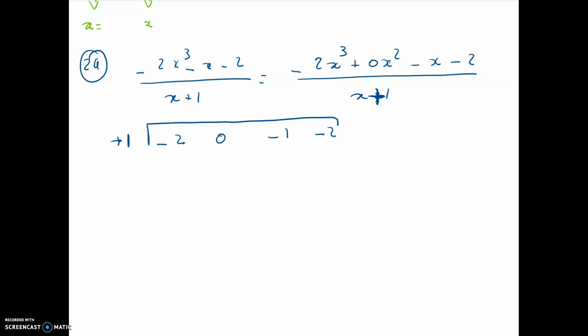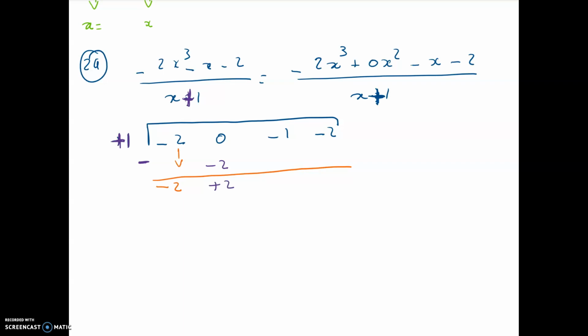The first step when you do the synthetic division is to bring down the first term, and then you multiply the plus 1 by -2. That gives you -2. You will subtract, and so 0 minus -2 gives you a plus 2.